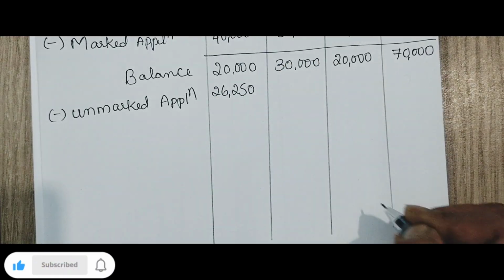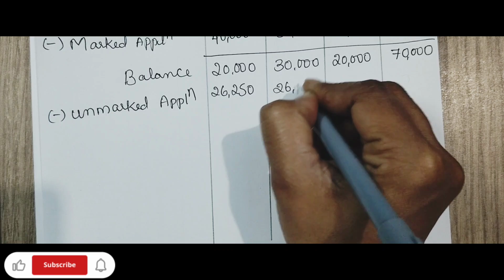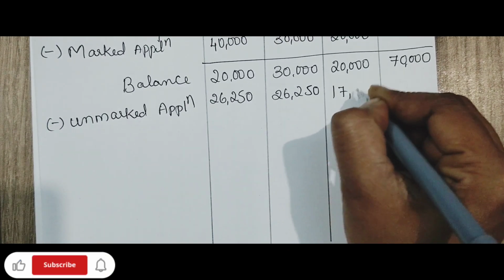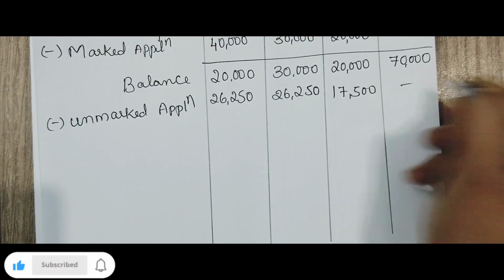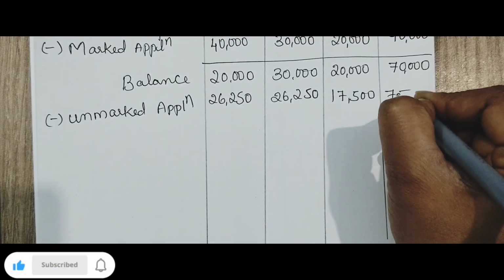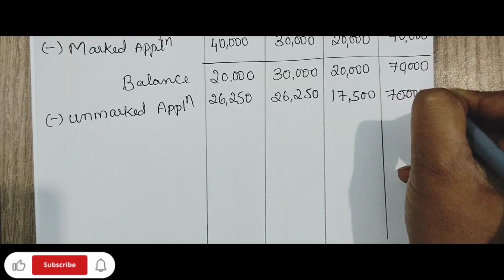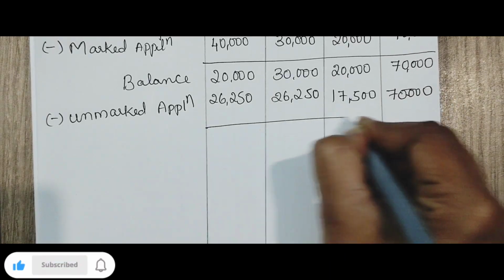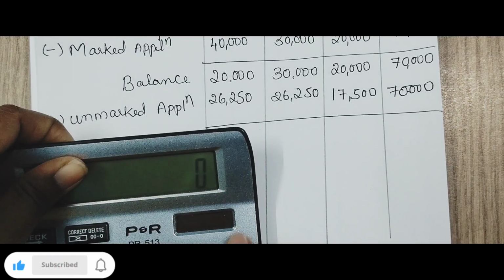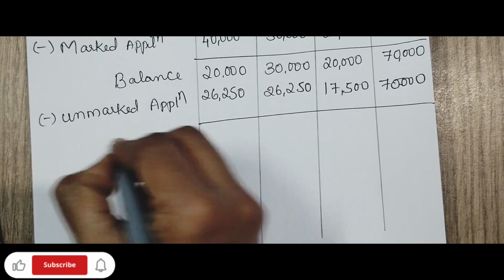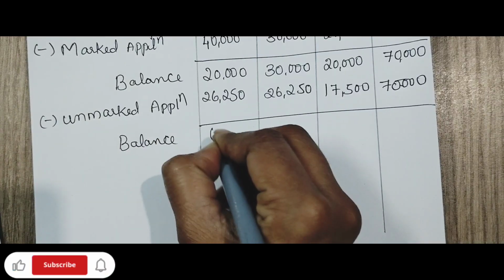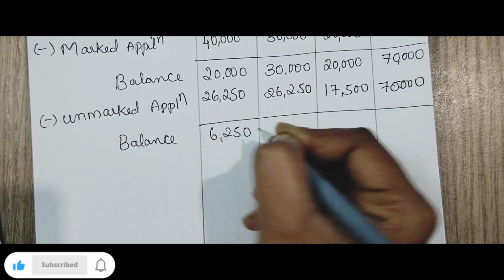26,250, 26,250, then 17,500. It is nil. Total is 70,000. Now minus this one. You have surplus for X. If you see, the balance is 6,250.